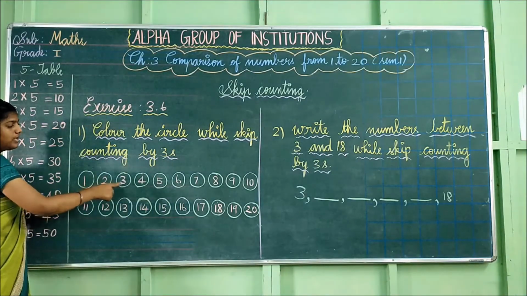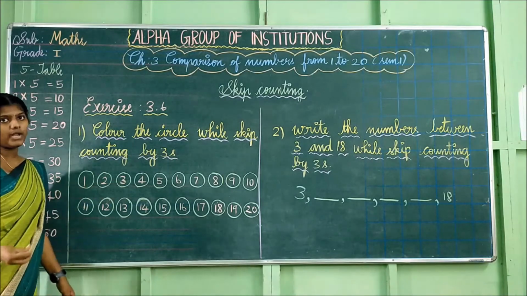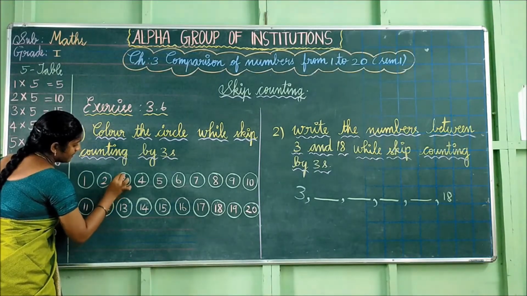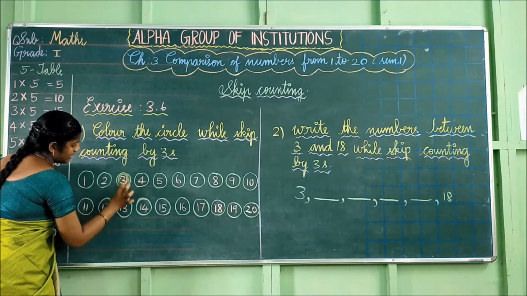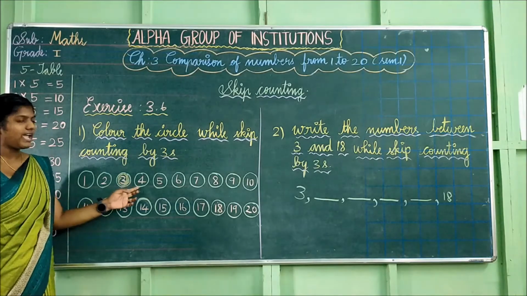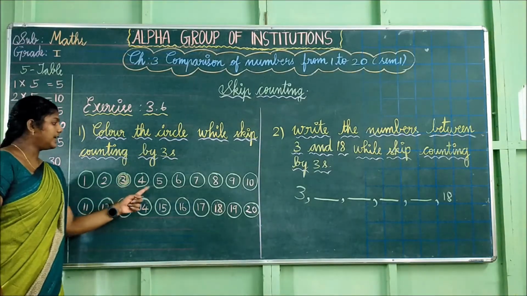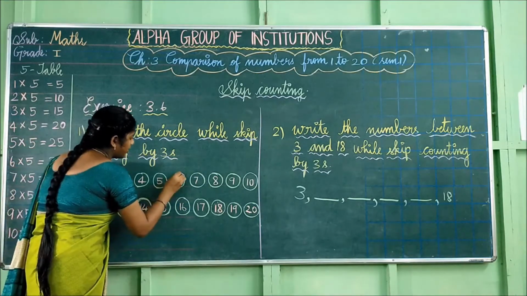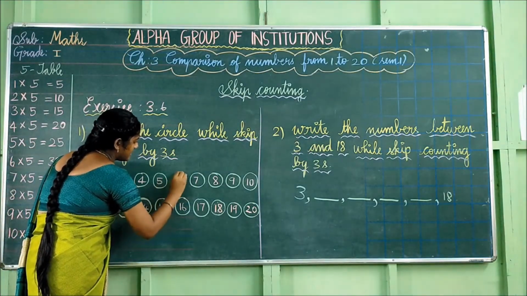1, 2, 3. So this is third one. I am going to color this circle. See here. Yes, we have colored. And then again count 3. 1, 2, 3. So this is third one. So I am going to color this circle.